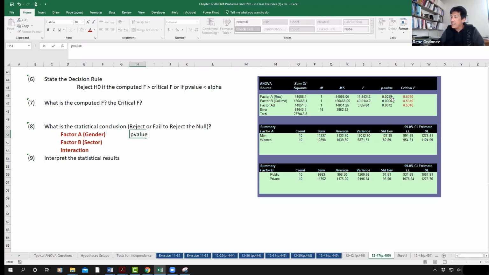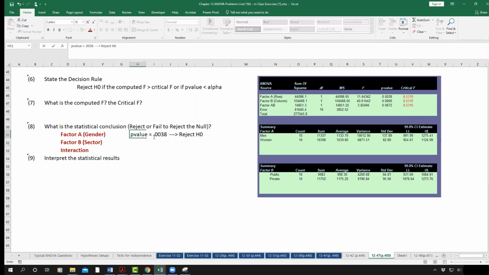Over here, do you see that? 0.0038. Okay, because the p-value is 0.0038, we will reject the null hypothesis. Okay, makes sense?